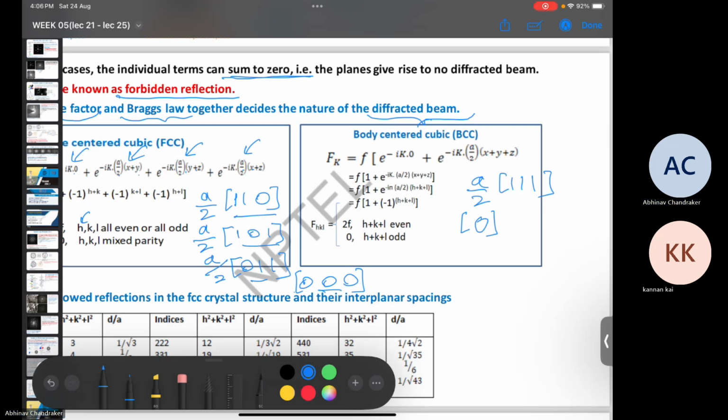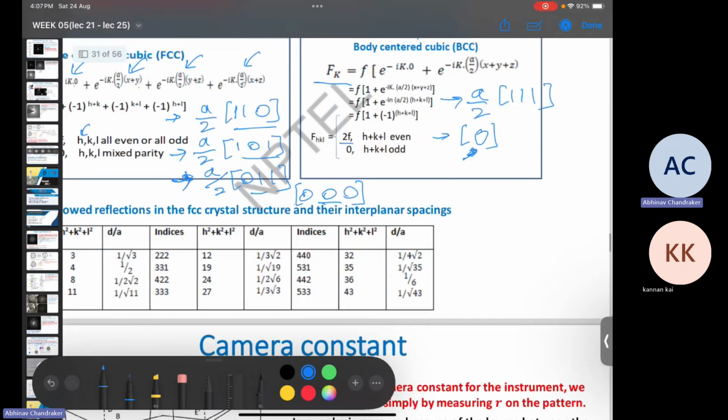By just using these two vectors, you can make up the whole of the BCC crystal lattice. In case of FCC, you need to have three different vectors. Now if we do this computation for structure factor of BCC, we get 2f if h plus k plus l is even and 0 if h plus k plus l is odd.